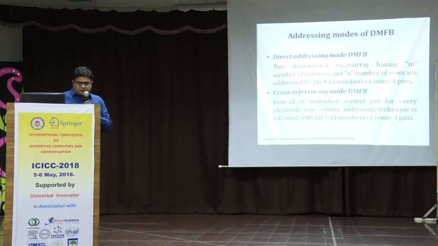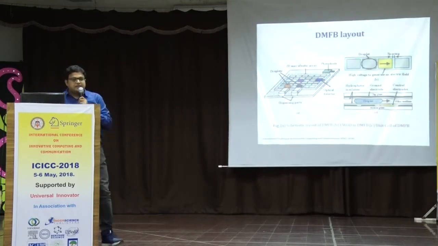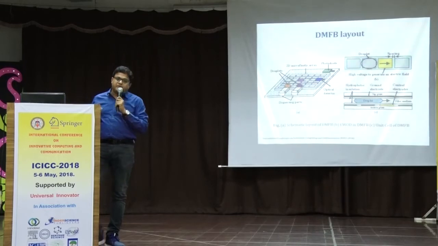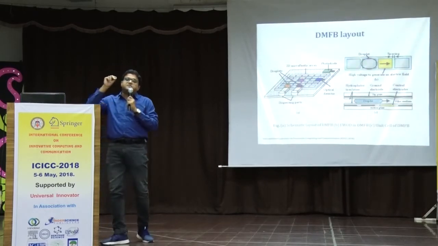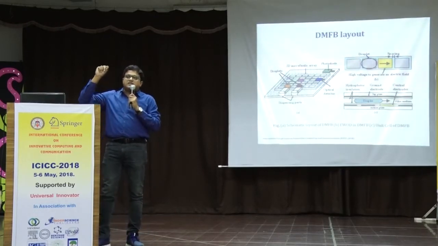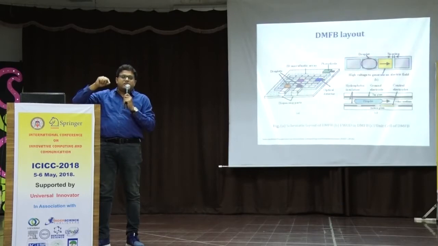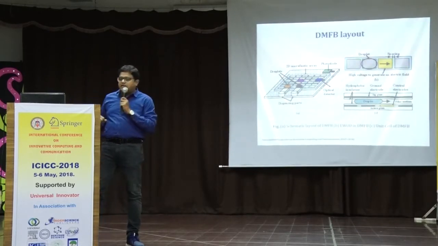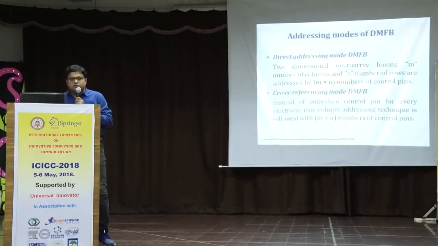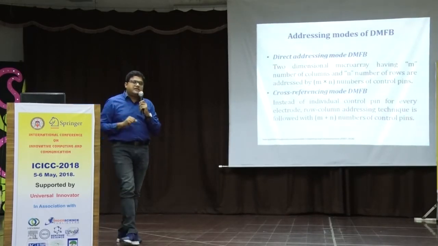Now, when we talk about this microarray of electrodes in the left diagram, the basic concept is how these different cells will be addressed. Because for all these individual cells, we need to send electrical voltage for operating with electrowetting on dielectric. So, talking about the addressing scheme, here we have two different addressing schemes.